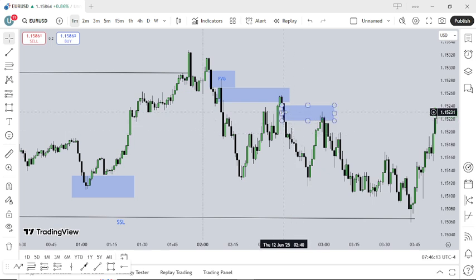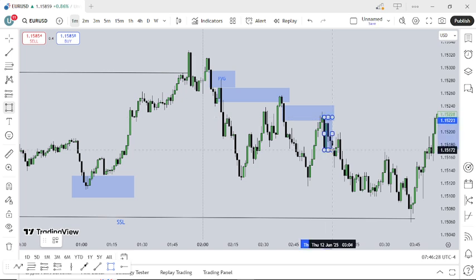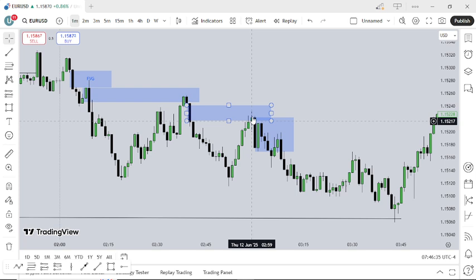The moment it entered into that fair value gap, notice how all the candles got to that point and stopped at that point, and notice this massive bearish candle that formed immediately. So this bullish candle entered the PDRA, then the next candle that formed after it was a bearish candle, not just a bearish candle, but a gigantic one in the 1 minute time frame.